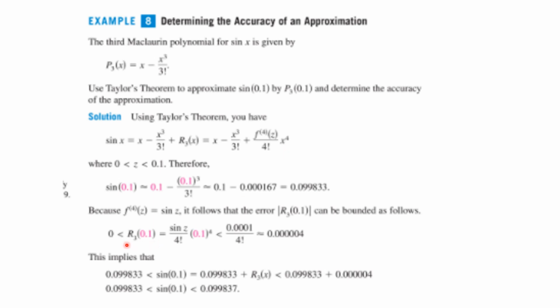But we know that this remainder R3 is equal to, for some value z, sine z over 4 factorial times 0.1 raised to the fourth power. But the sine is bounded by 1 in absolute value, so you get this estimate, and that implies that the error term is really quite small.